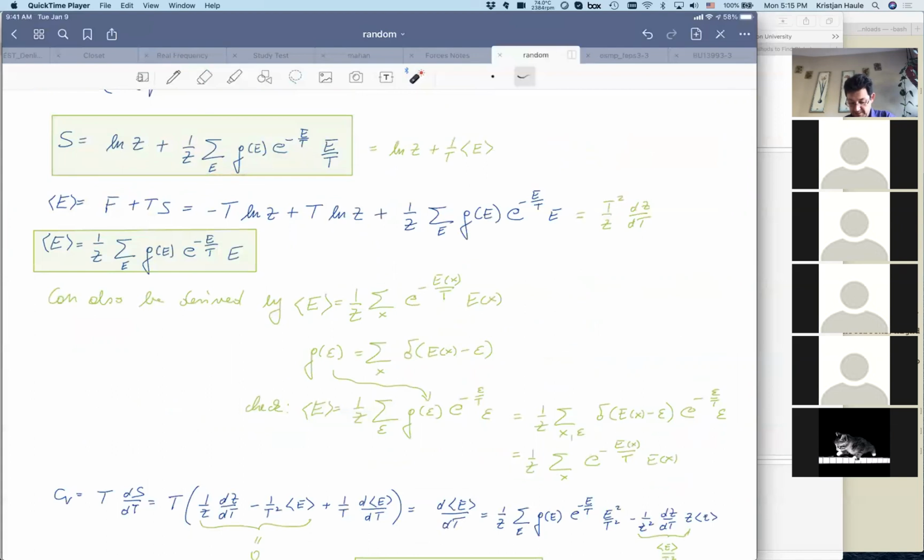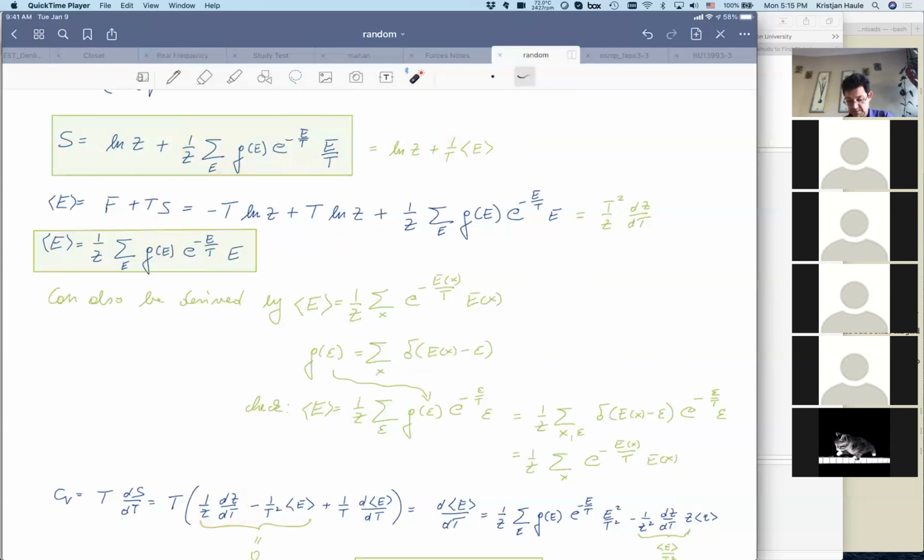So we can take then T dS over dT, which is the derivative of log Z with respect to T, and the derivative of log Z with respect to T is 1 over Z dZ over dT. Then we need to take the derivative of this quantity with respect to T. It's better to look at this equation.